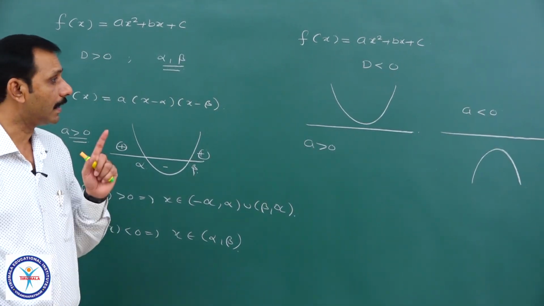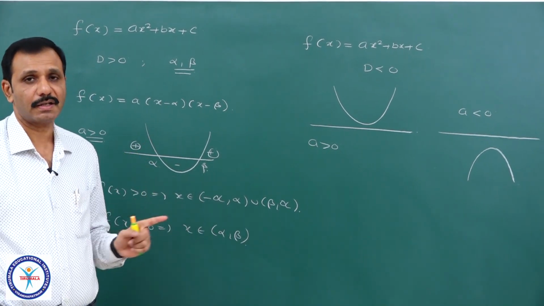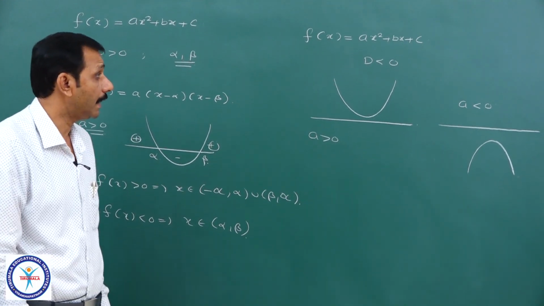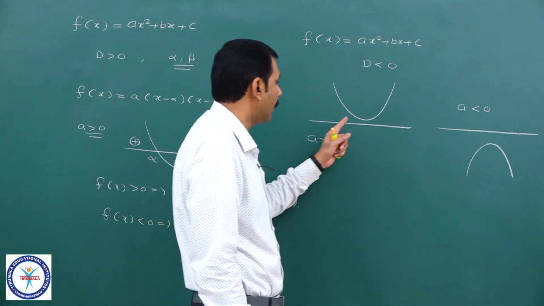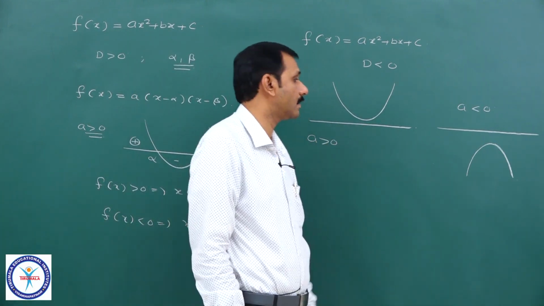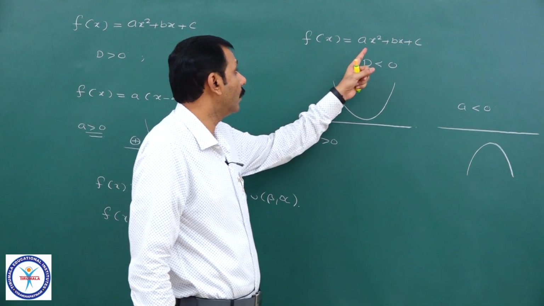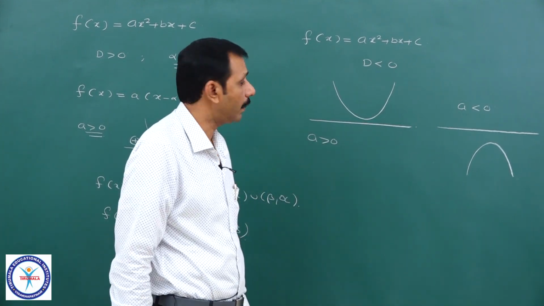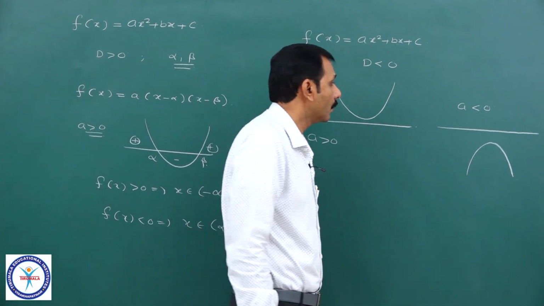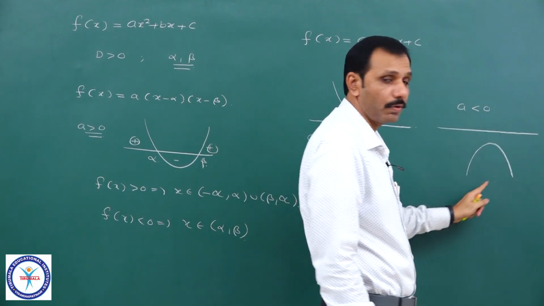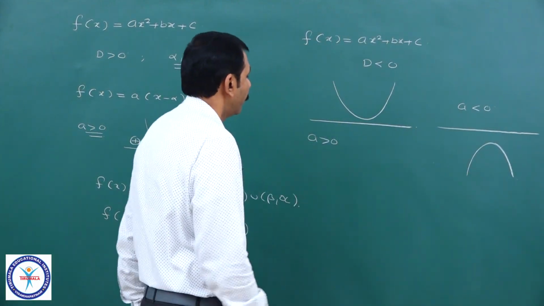If it has real roots, it cuts the x axis; if it has complex roots, it neither touches nor intersects the x axis. Therefore, whenever the coefficient of x square is positive it opens upwards, and when negative it opens downwards.